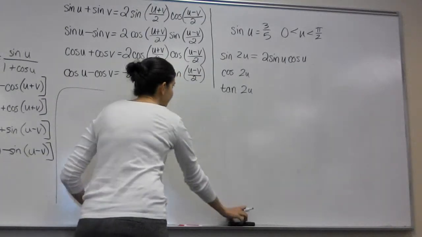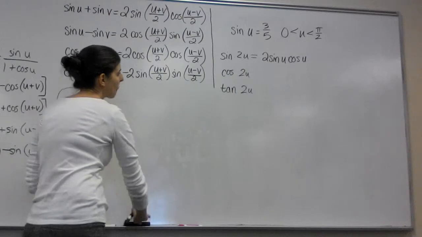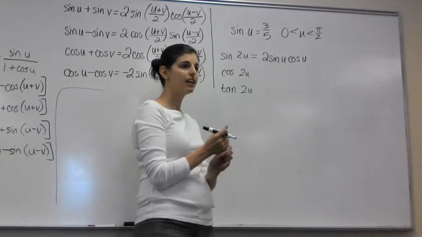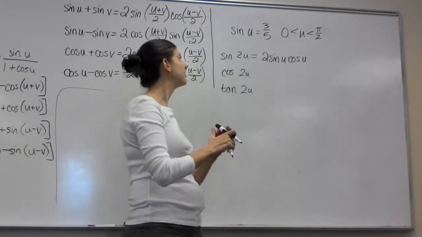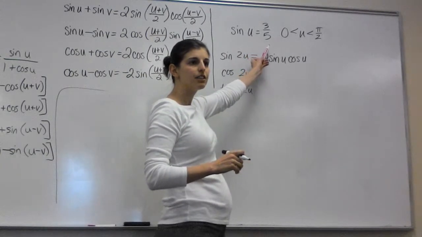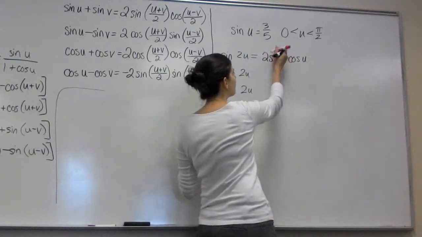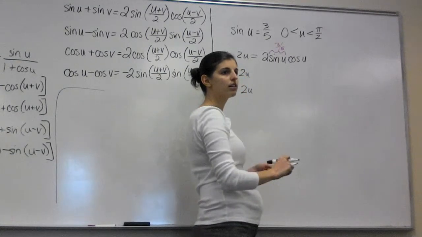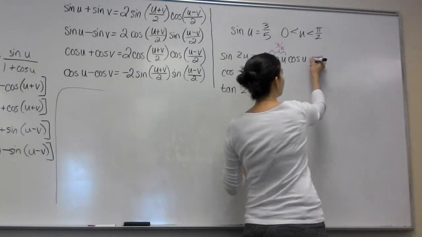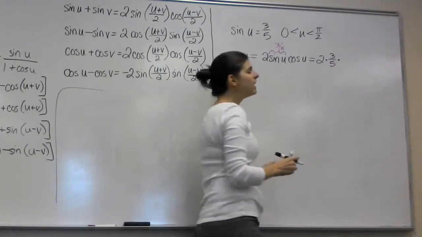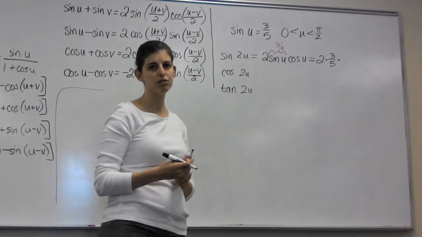Now, to evaluate that, I need to know what the sine of u is and the cosine of u is. Well, the sine of u is 3/5. So this right here is 3/5. Okay, so I really have 2 times 3/5, but now I need to find the cosine of u.